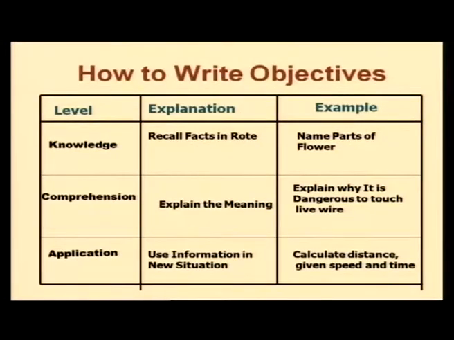Just an example of knowledge: you recall facts, name parts of a flower, simply naming the parts of a flower, which can also be rote learned. Comprehension: explain why it is dangerous to touch the wire. The learner will be able to explain it. At the application level, an example is calculate distance when speed and time are given.